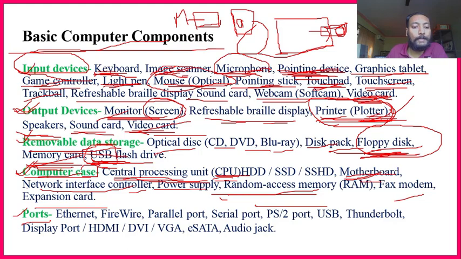Then ports, different types of ports. Ports mean connecting two devices together. Maybe you are connecting your laptop and your mobile together using one cable, so that's called a port. Actually, what port means: ships unload their materials and goods at a port, like Andaman Nicobar is a port.